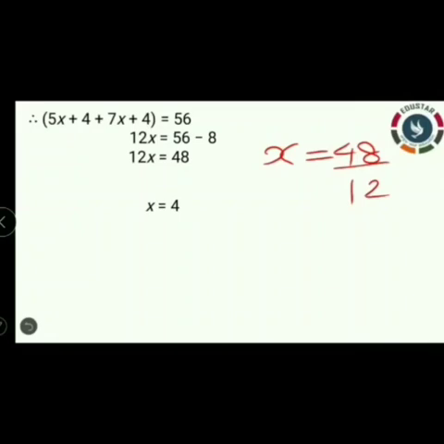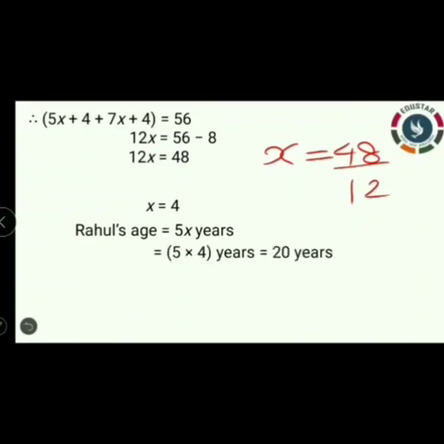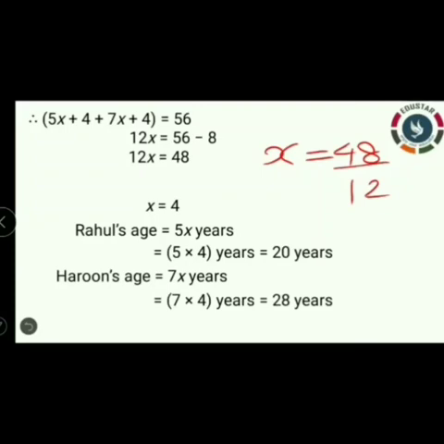Now we found the value of x. So from this we can find the ages of Rahul and Harun. Rahul's age we considered 5x years. So 5 into 4, 20 years. And Harun's age we considered 7x years. So 7 into 4, 28 years.